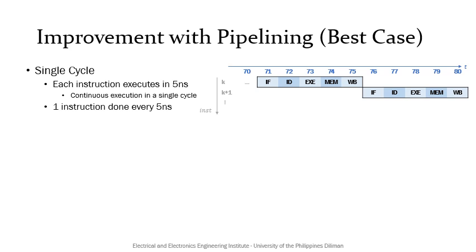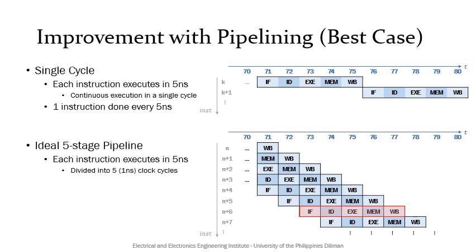Now, if we convert this to a 5-stage pipeline, we can use a 1 nanosecond clock because each stage from our original single cycle data path finishes in 1 nanosecond. The execution will still take 5 clock cycles to finish, and therefore each instruction still executes in 5 nanoseconds.